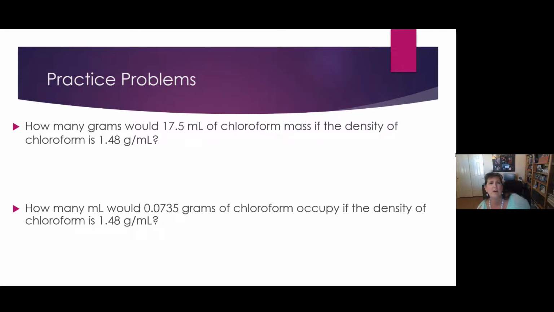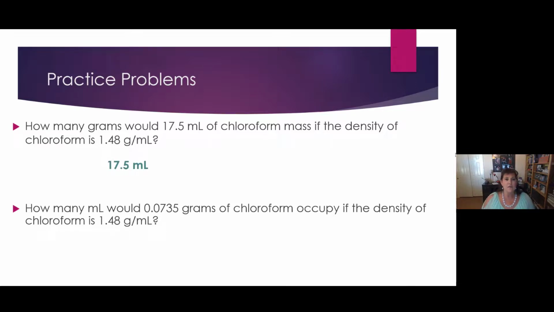What did we say earlier about density? Because it can be written 1.48 grams over milliliters, it's a fraction, it's a conversion factor, and we don't start with it. So if we're not starting with the density, what are we starting with? Yeah, the 17.5 milliliters. Let's start with that.